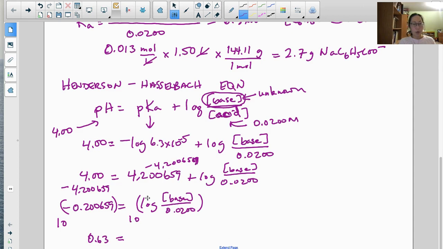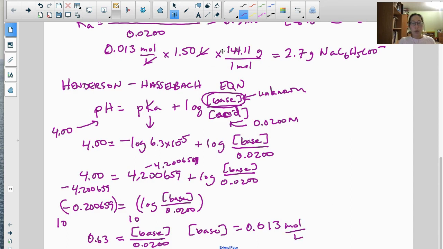Over here, when I raise 10 to the log, I'm just going to end up with base over acid. And then solving for my base here, that would be 0.02 times 0.63. And I end up with 0.013, just like before, moles per liter.